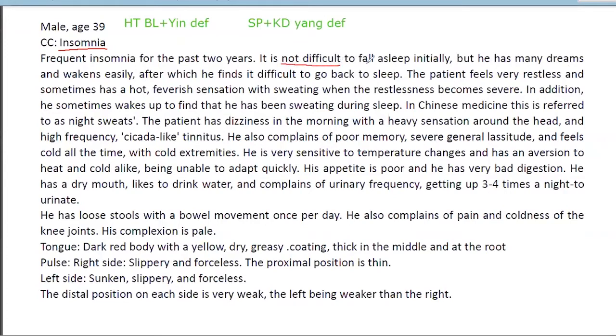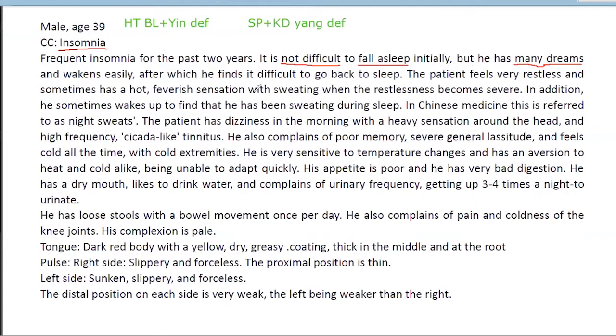Usually difficulty falling asleep is severe heat in there, and not difficult to fall asleep means not severe heat, but dreams, so still some heat in there. So that's why we say mainly it is deficiency. We can include yin deficiency for blood deficiency.